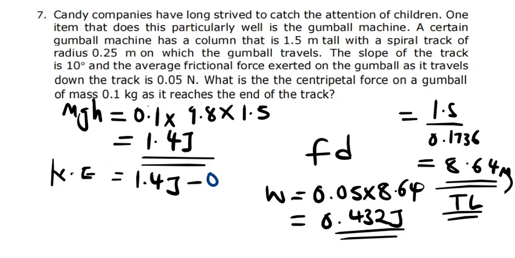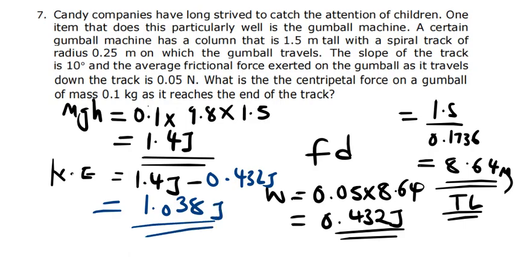So we lost 0.432 joules of energy. So therefore, what will be my final kinetic energy at the bottom now? So 1.4 minus 0.432, I'm getting 1.038 joule. This is what I have in terms of the kinetic energy.